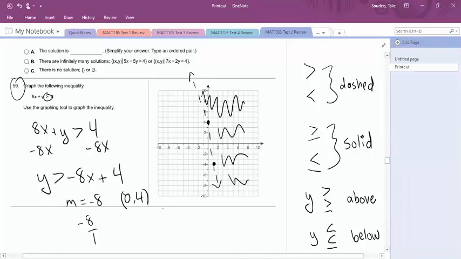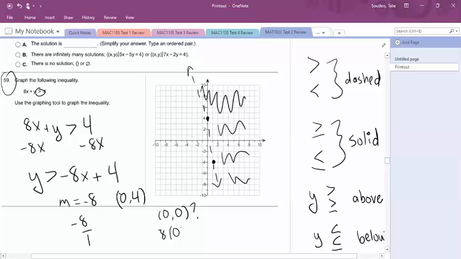So a lot of times they suggest you use the ordered pair (0, 0). So let's see if (0, 0) works. If you plug (0, 0) into your equation, you get 8 times 0 plus 0 is greater than 4. So the whole left side becomes 0, right? Is 0 greater than 4? No. Okay. So you want to look at your graph and say, okay, (0, 0), which is right here.